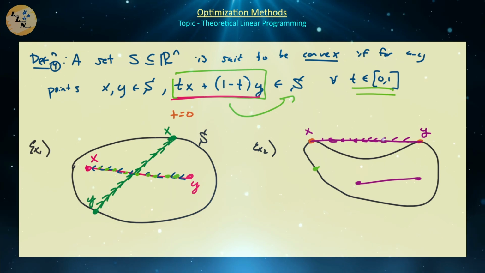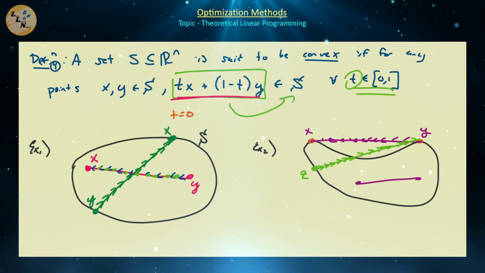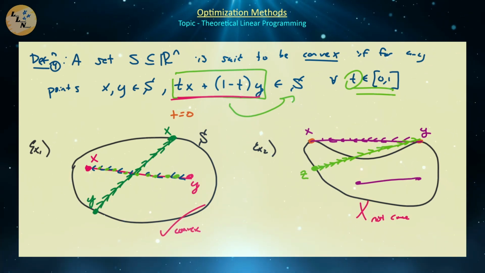And you could even choose, for example, this point Z, and that has to be a line, not a curve. So yes, sometimes this line is in the set, but it has to be in the set for all values t within [0, 1] for any 2 points x and y that you choose in that set. So this set on the left is convex, and this set on the right is not convex.